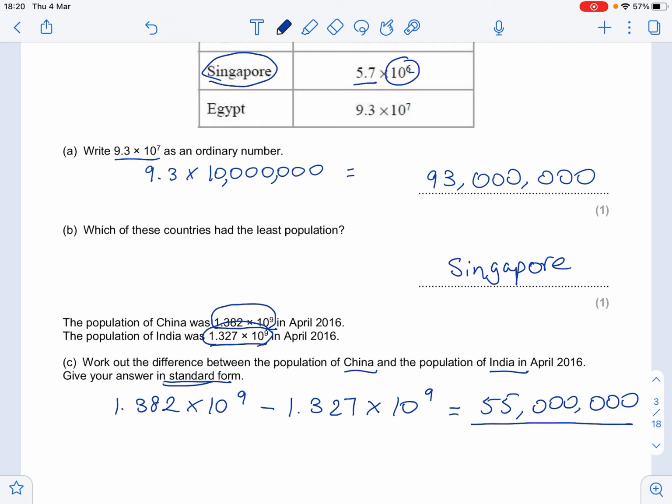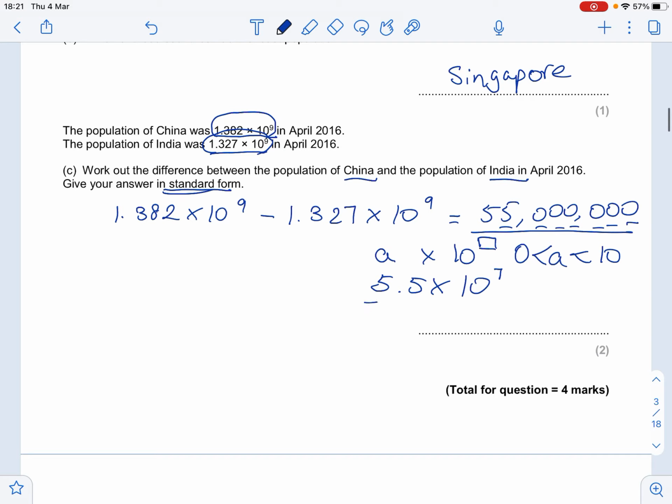To write this in standard form, you have to write A multiplied by 10 to the power, and A must be less than 10 and bigger than 0. So in this case, it's going to be 5.5. So 5.5 times 10 to the power, so we're just going to count, 1, 2, 3, 4, 5, 6, 7, to the power of 7. So that's your answer.